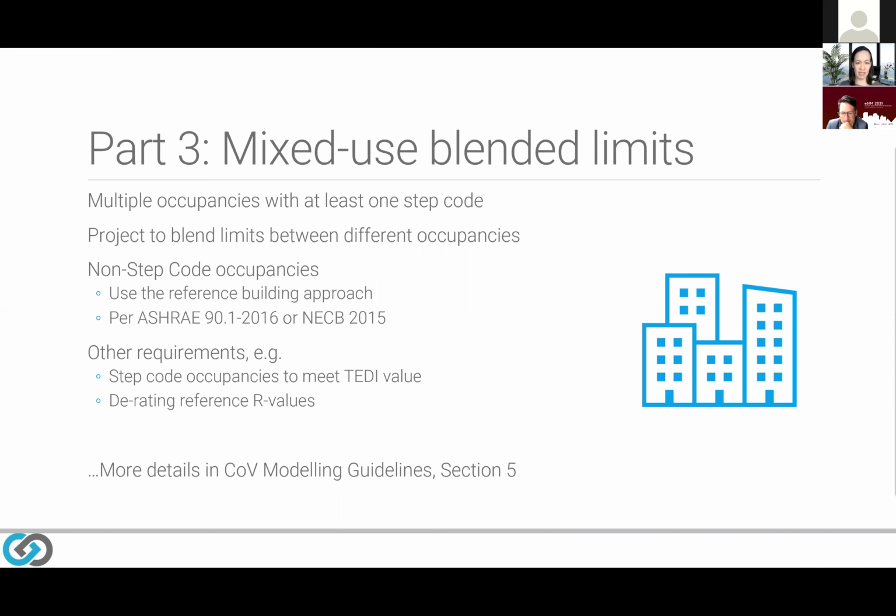It can't just ignore that completely and result in a worse envelope. Another requirement is that the reference R-values need to be derated the same way as the proposed. So it's not quite a pure ASHRAE or NECB reference model. It does have some other factors involved in it.